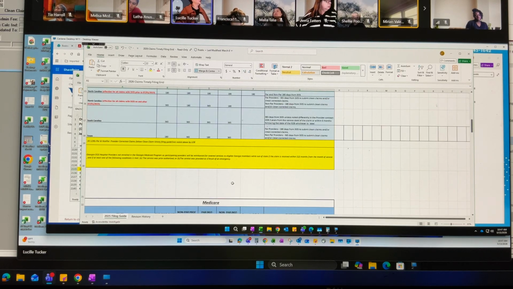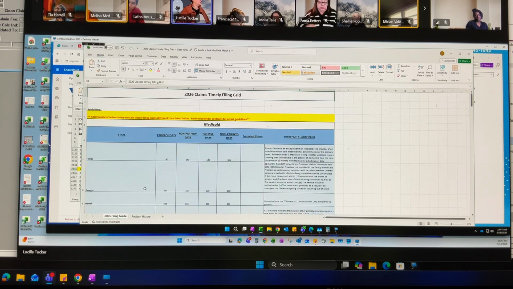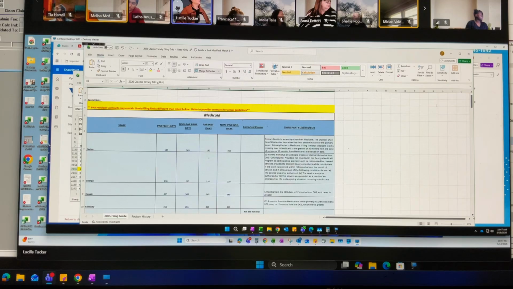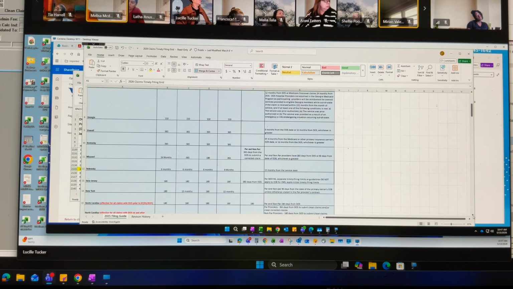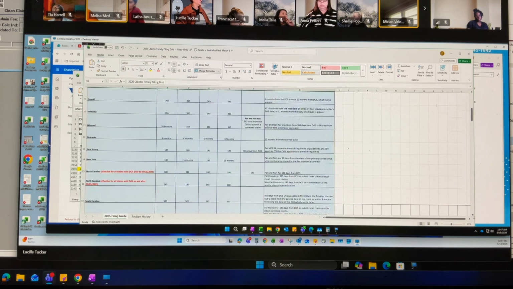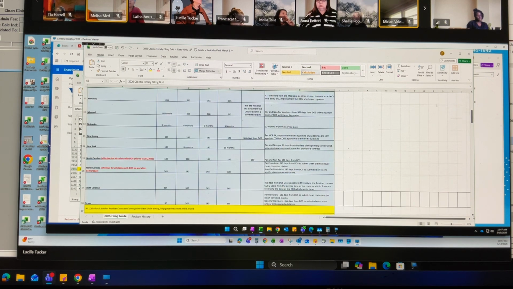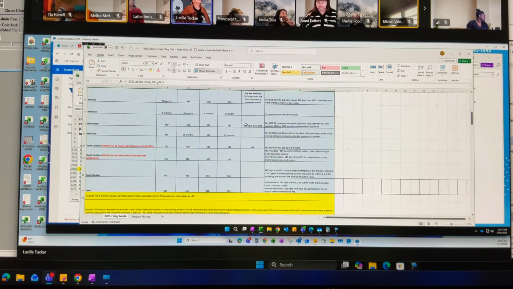Okay, so I have New Jersey Medicaid. Scroll down here till I find them.